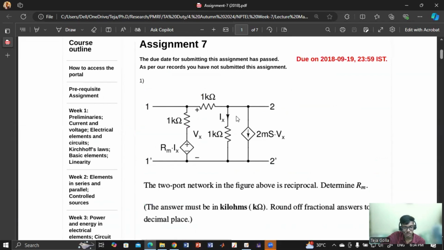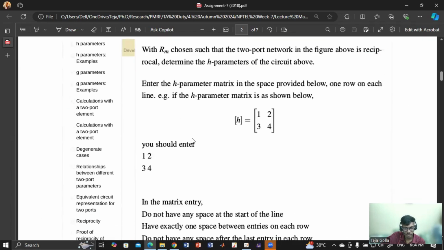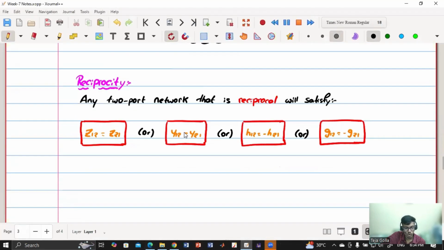In this first problem, they have asked in the two-port network, the circuit is reciprocal and determine Rm. Now I'll again show you question 2 and I'll show you why. In this question, they have asked if Rm is chosen, then determine the H parameters. Why I am showing you the second question is, if a circuit is reciprocal, I can do it in 4 ways. I can calculate Z parameters, Y parameters, H parameters, G parameters.